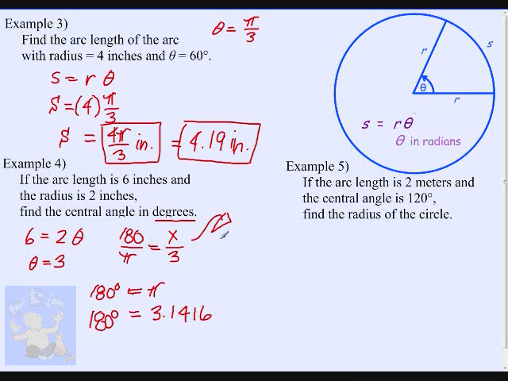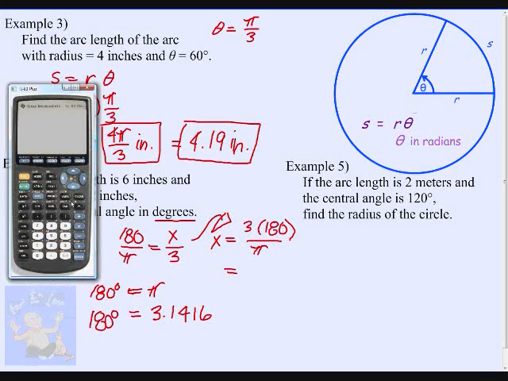We get x equals 3 times 180 divided by pi. Let's get this into degrees. Let me pull up the calculator for us. We'll say, turn the calculator on, 3 times 180 divided by, where's my pi?